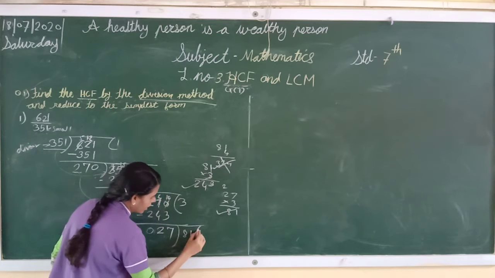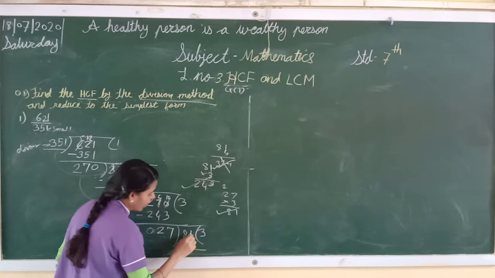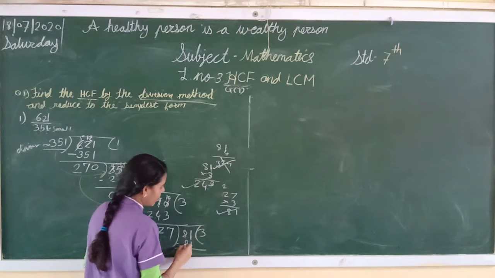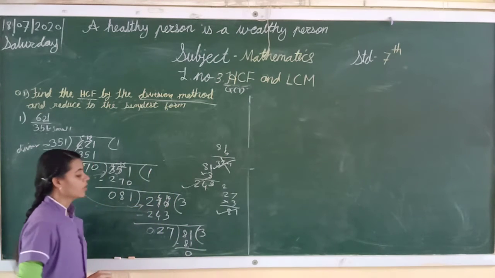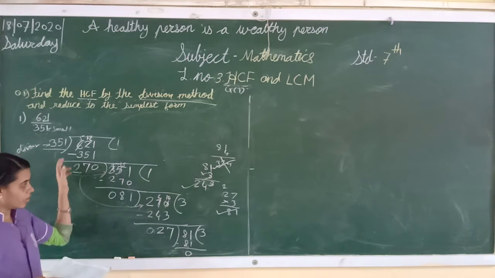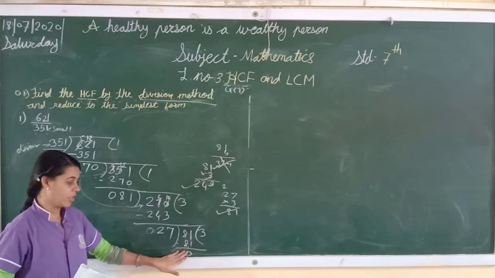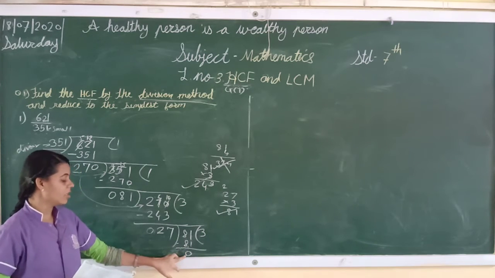So 27 3 is 81. 81 minus 81, 0. Okay students, our remainder came 0. We will continue till the remainder becomes 0, because we want the remainder 0.